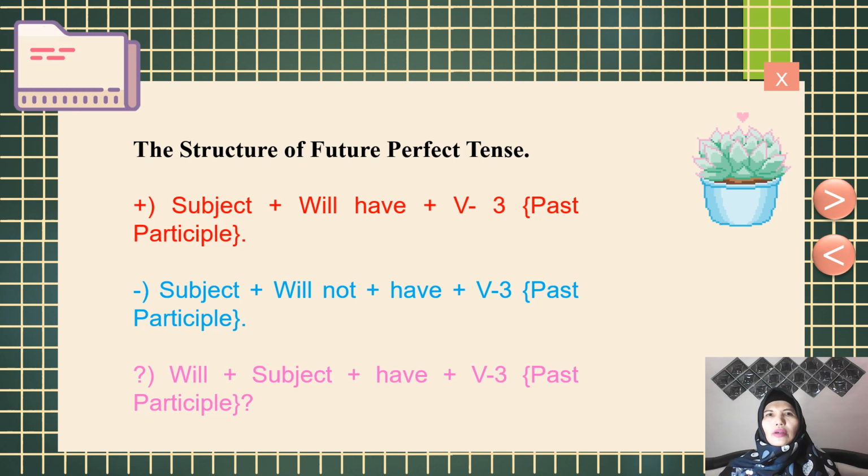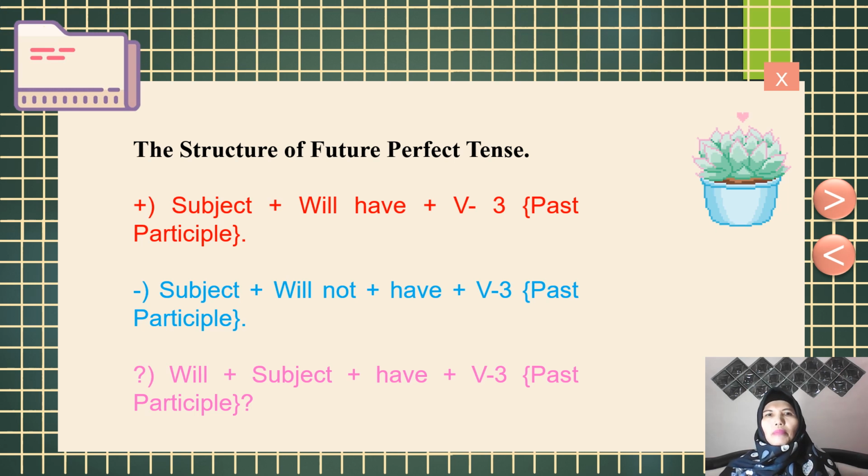The structure of future perfect tense: positive, subject plus will have plus verb 3 or past participle. Negative, subject plus will not plus have plus verb 3 or past participle.